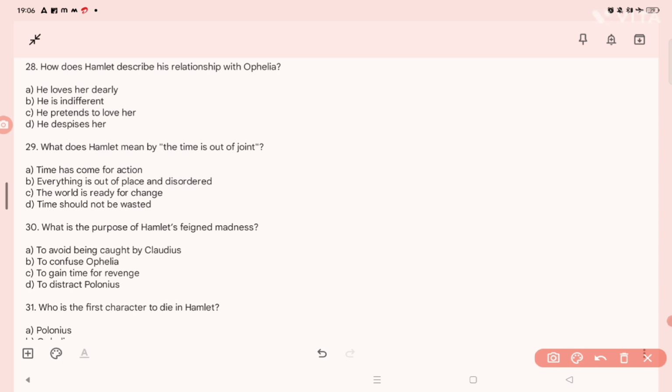He pretends to love her. What does Hamlet mean by "the time is out of joint"? Everything is out of place and disordered. What is the purpose of Hamlet's feigned madness? To gain time for revenge.